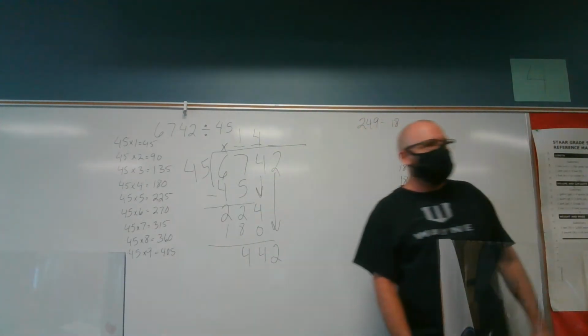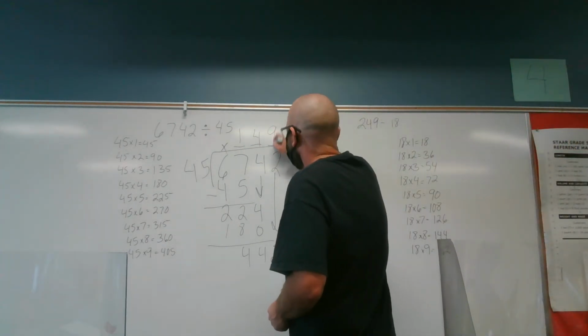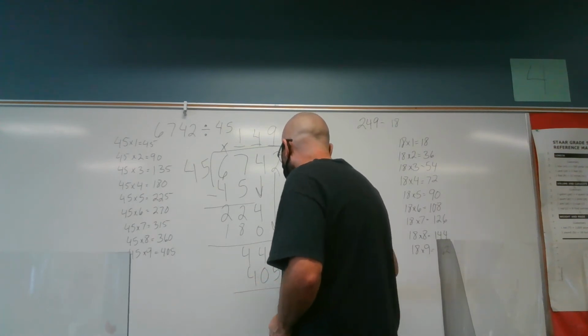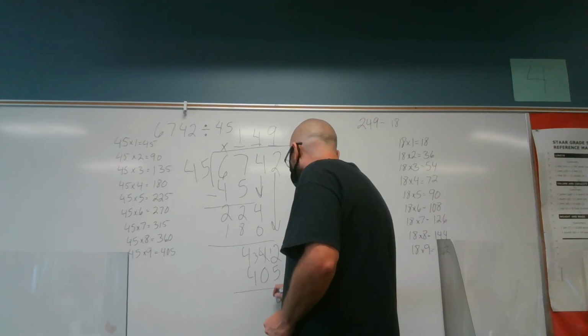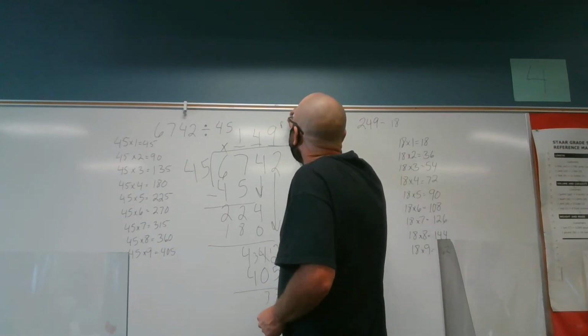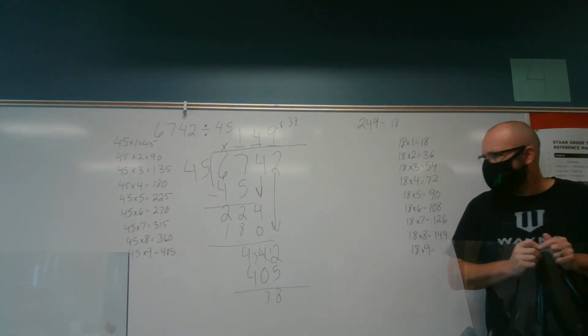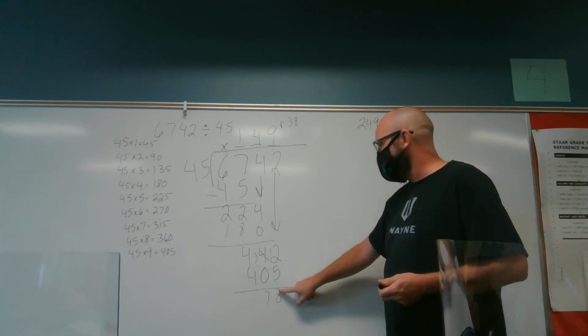So it has to be 9, which makes this a 9, and this is 405. And that would have 8. Remainder 38. Wait, what? I thought it was 37. What? 8, 9, 10, oh, yeah, it is 37, huh?